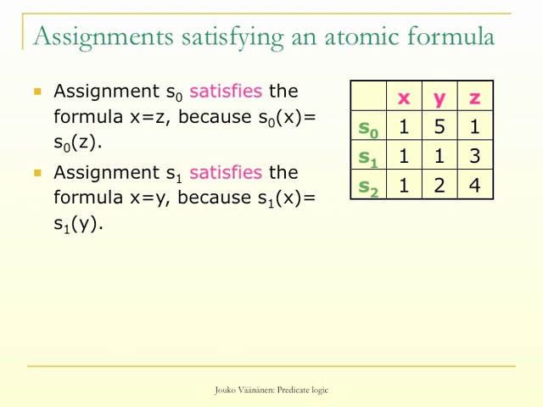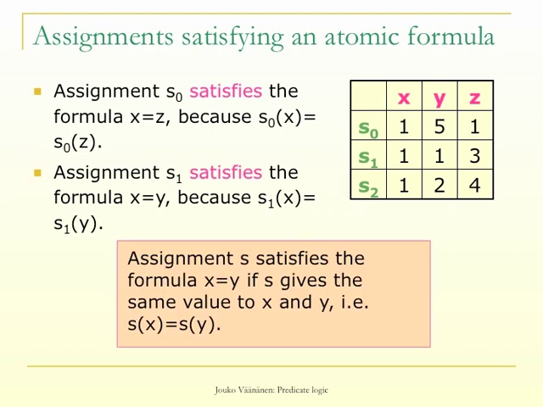Likewise, assignment S1 satisfies the formula x equals y because, again, S1 maps the variables x and y to the same element, namely 1. In general, we define that the assignment S satisfies the formula x equals y if S gives the same value to x and y, that is, S(x) equals S(y).